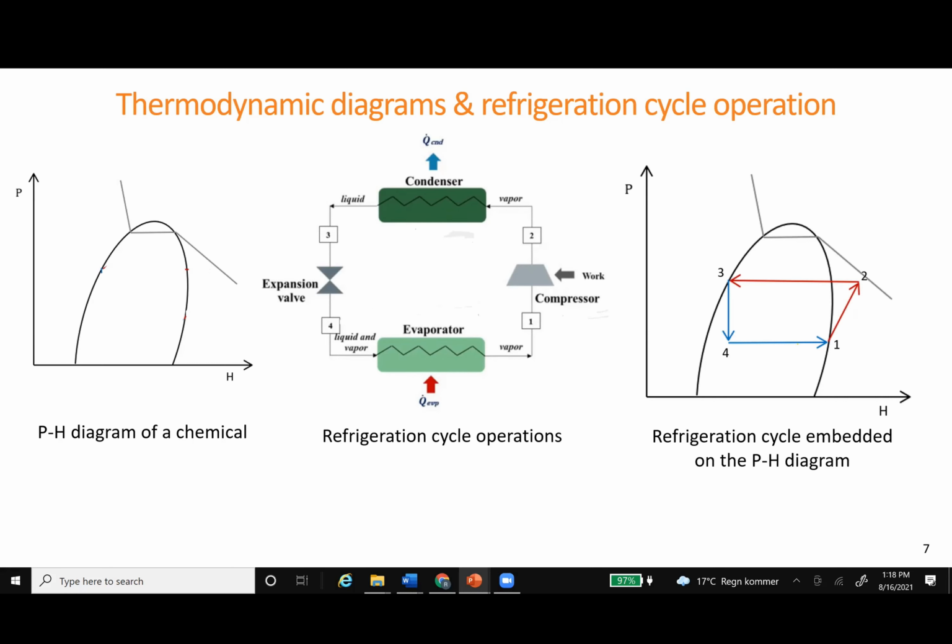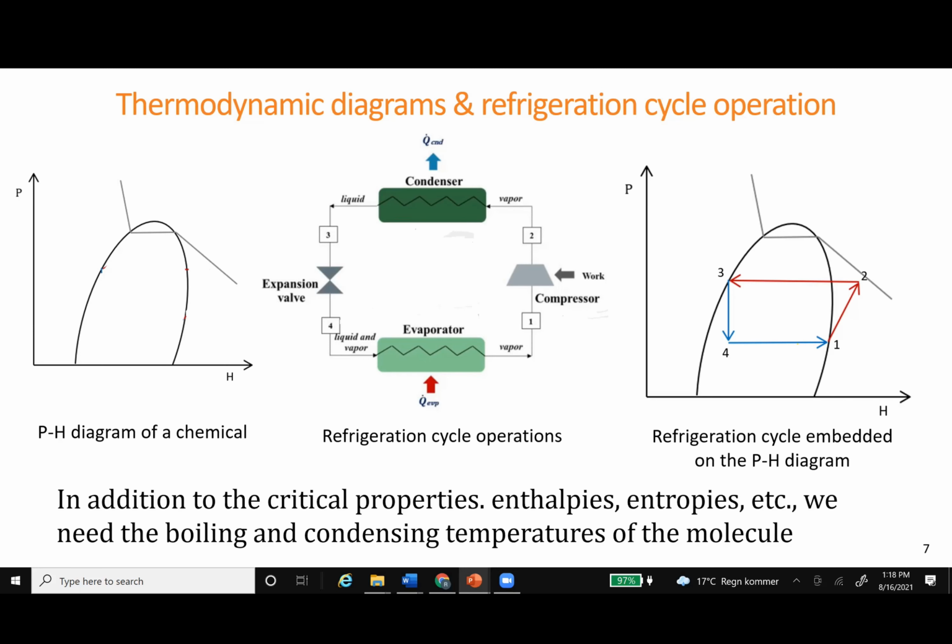And then we evaporate and go to the dew point, the saturation point, which is 1. Then we compress and get superheated vapor at point 2, and then we condense to come back to the bubble point, which is at point 3.